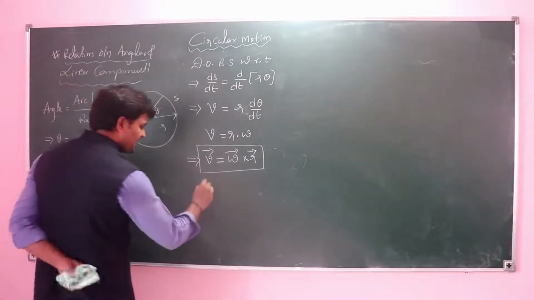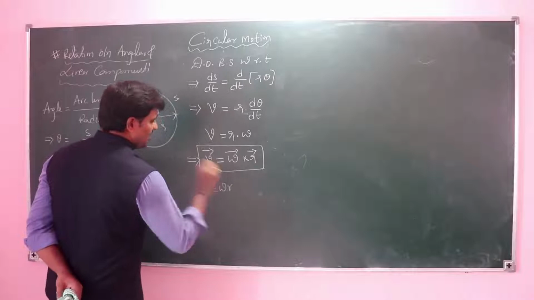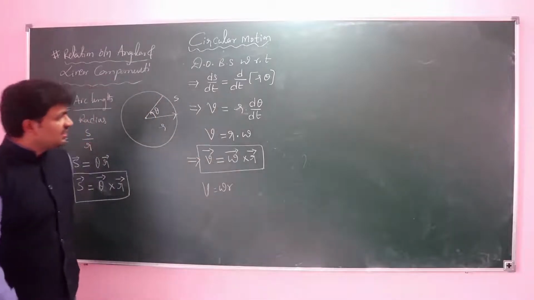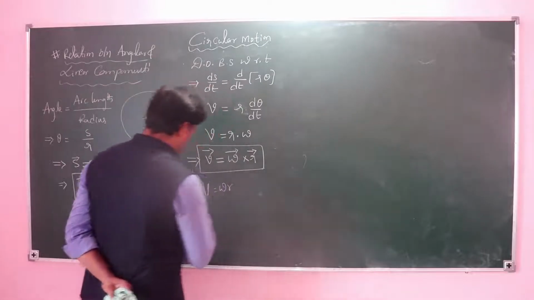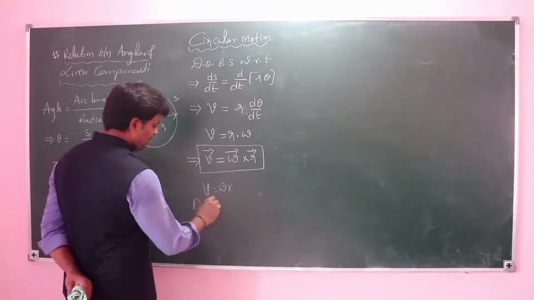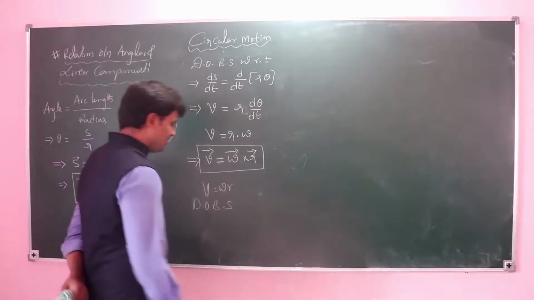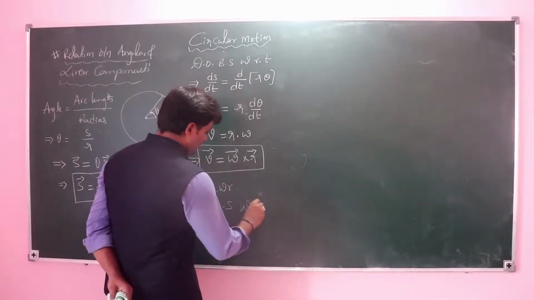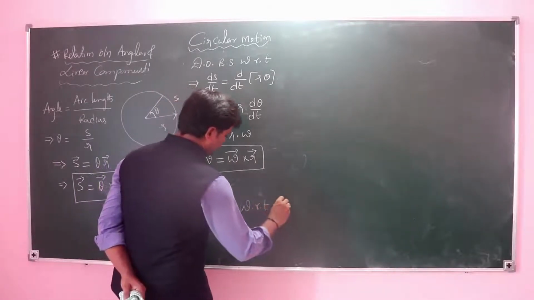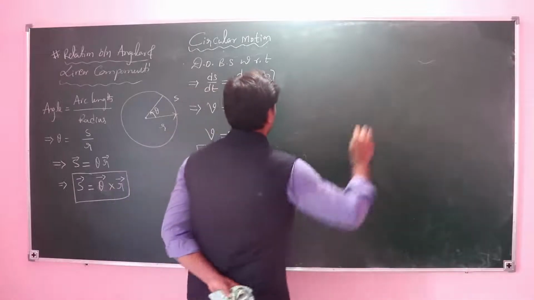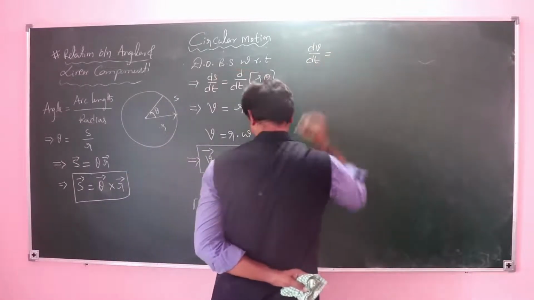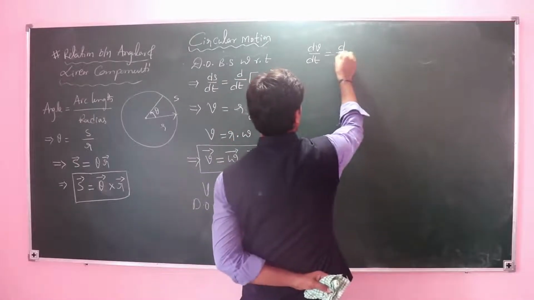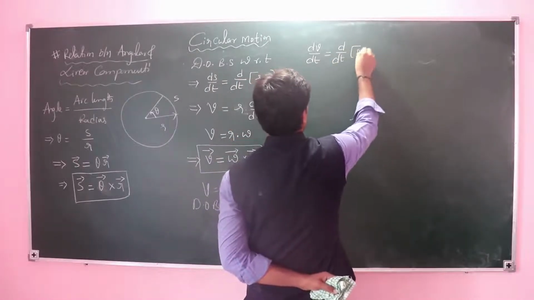Next we will write the relation between angular acceleration and linear acceleration. Again differentiate the equation on both sides with respect to time. Then dv by dt is equal to d by dt of r omega.